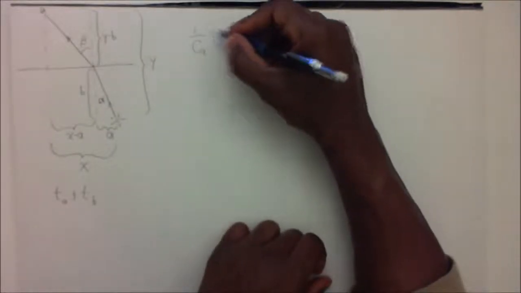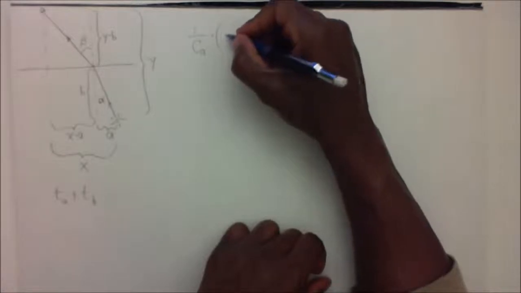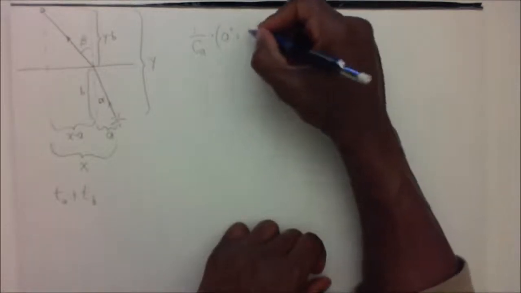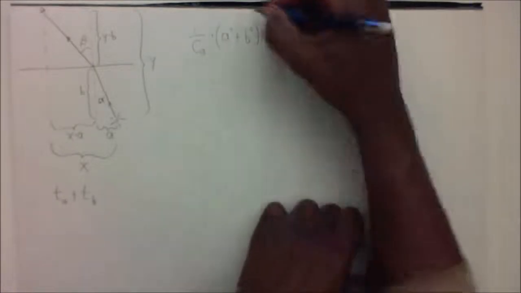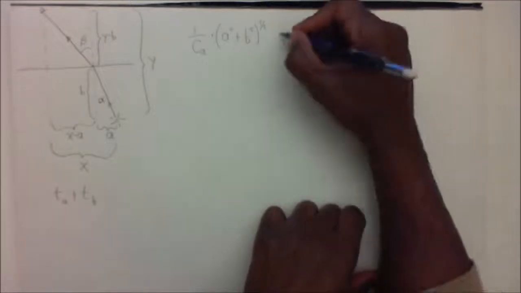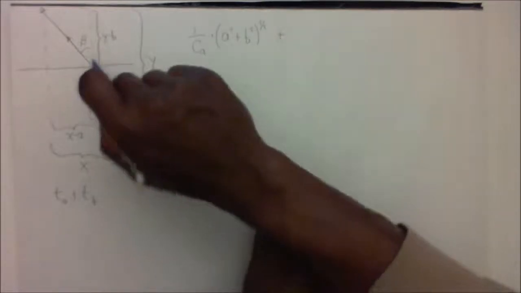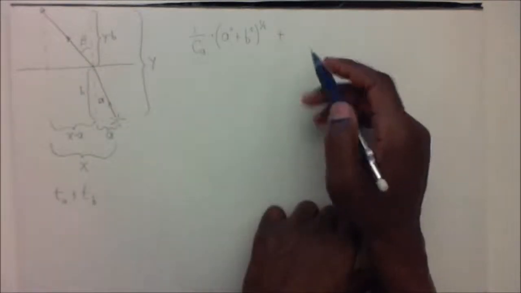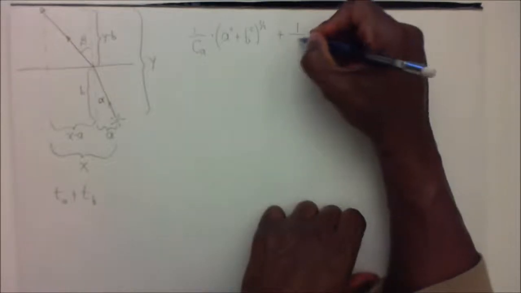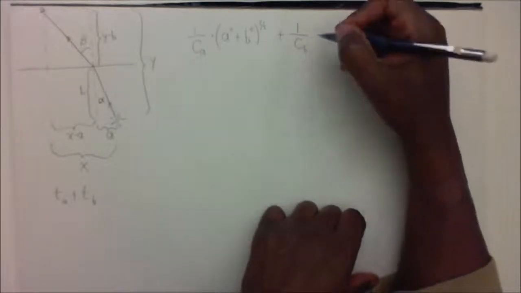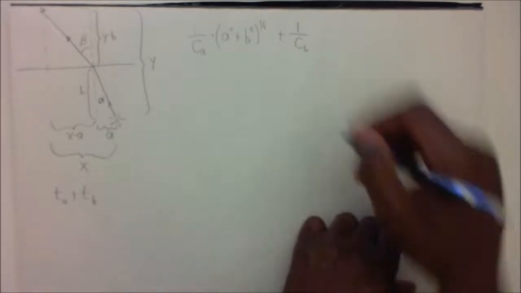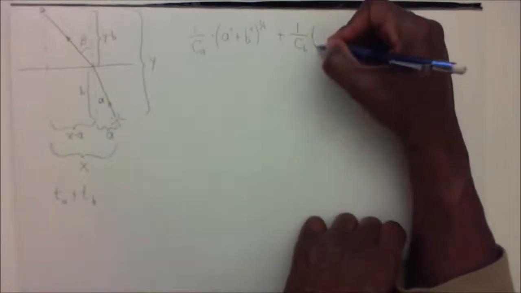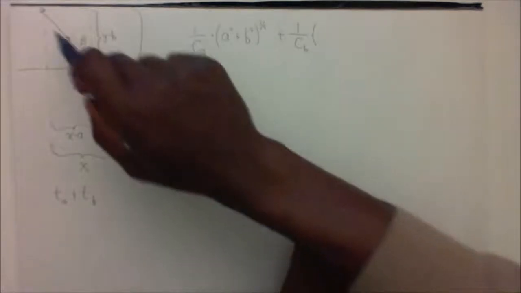To make it easier for myself, I'm just going to raise a squared plus b squared to the 1/2 power, same as taking the square root. And I'm going to add the time that it takes to traverse medium B, which is 1 over the speed of light through B, again dividing the distance by the speed, multiplied by the distance.